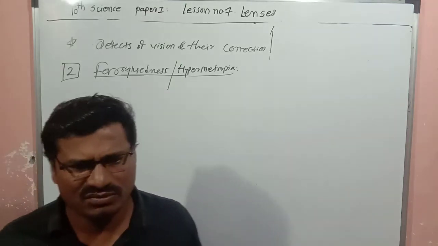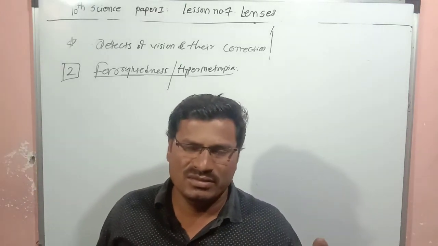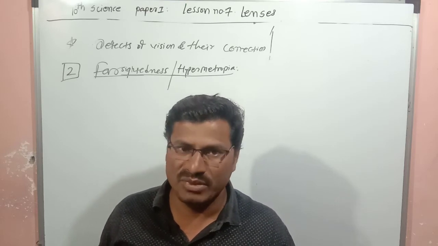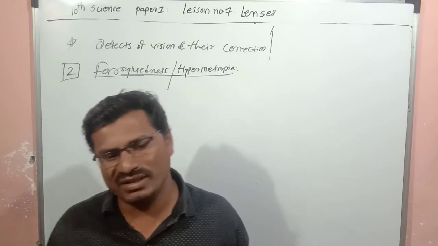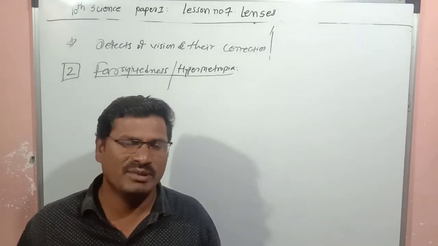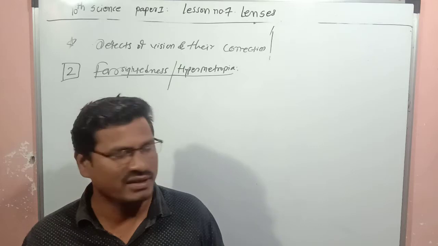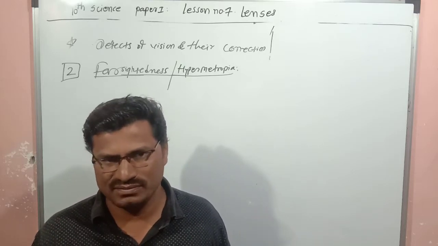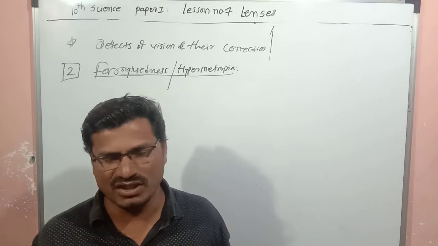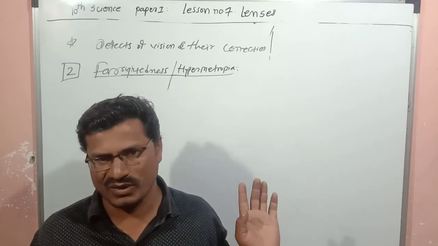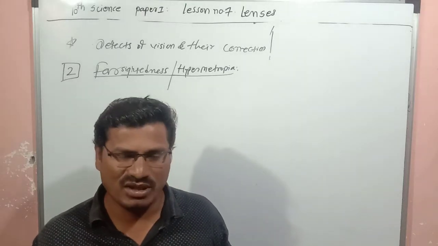First of all, in farsightedness, far away objects are seen clearly, but nearby objects are not seen clearly. Second point, the near point shifts far away from the eyes.